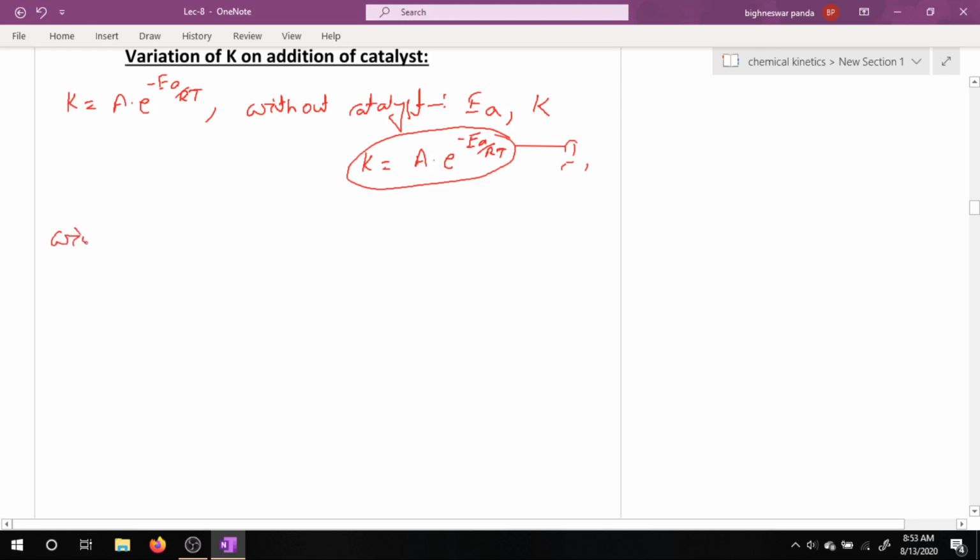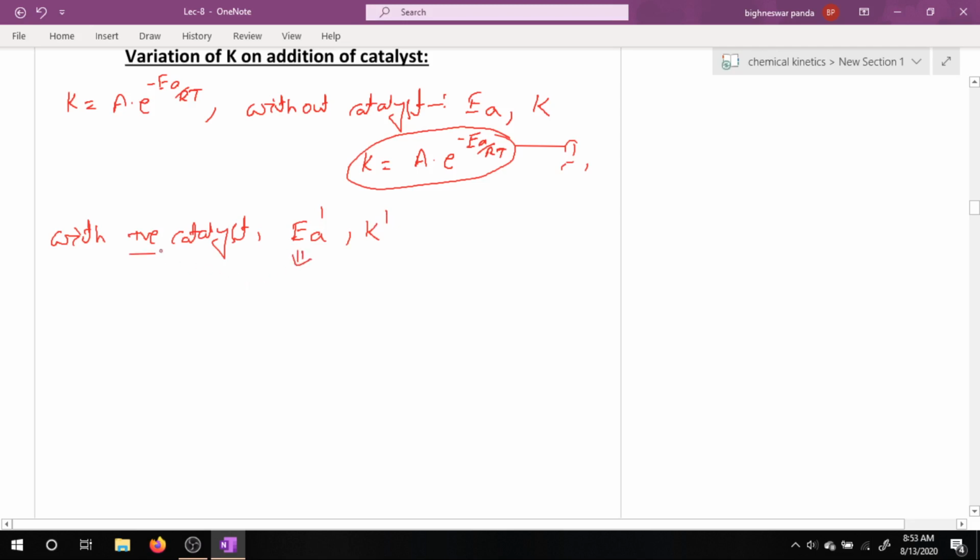With a positive catalyst, I have another activation energy, consider Ea dash, and rate constant K dash.